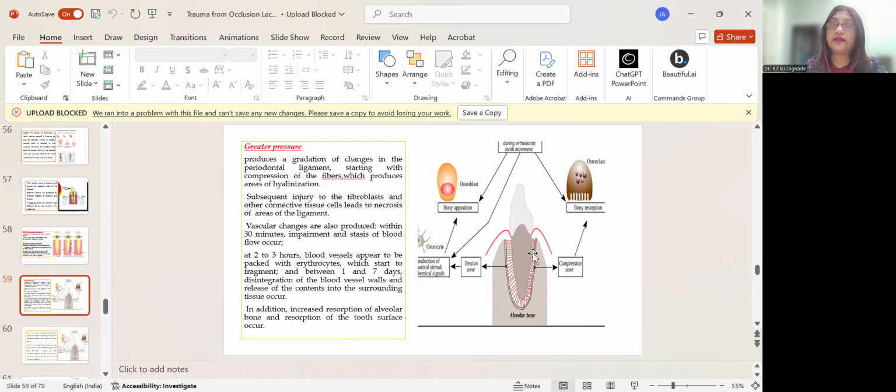Now, what happens when there is greater pressure and greater tension? We know this is the pressure side and this is the tension side. Now the pressure is not slightly excessive but greater.